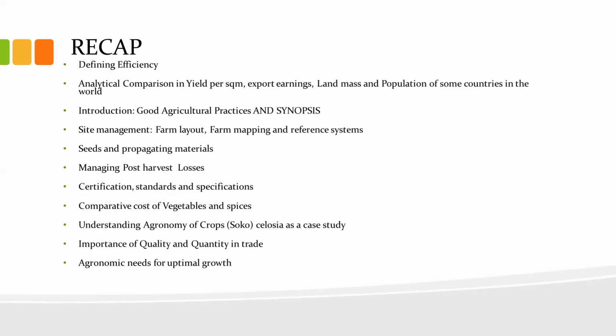And then we moved on to discuss why good agricultural practices are the key missing ingredients in our agricultural system, why we are deficient, and why we are not quite competitive when it comes to world trade. That helped us see the synopsis of all the topics we might need to address to begin to measure up to production standards.